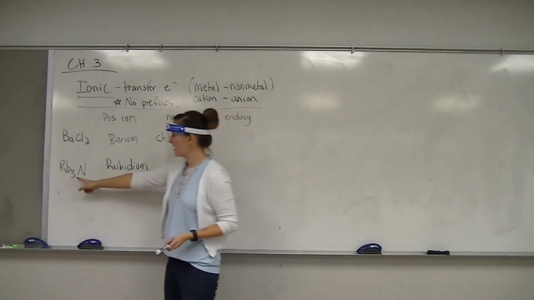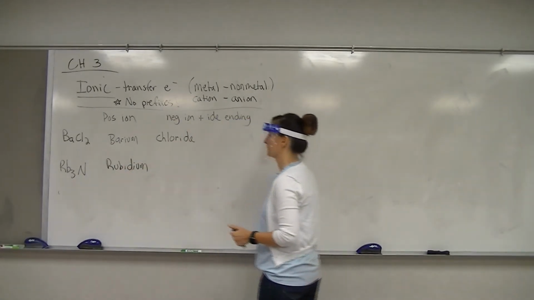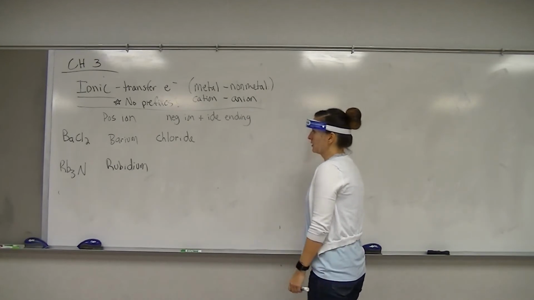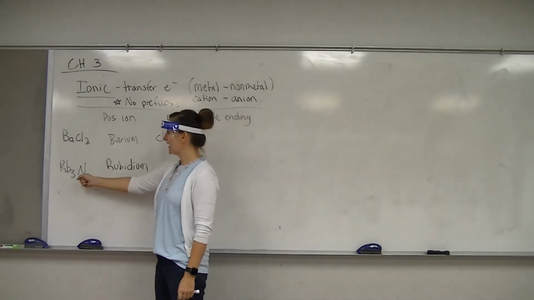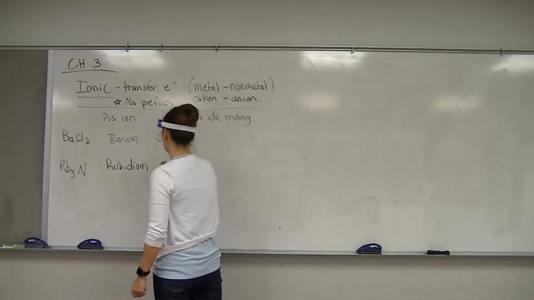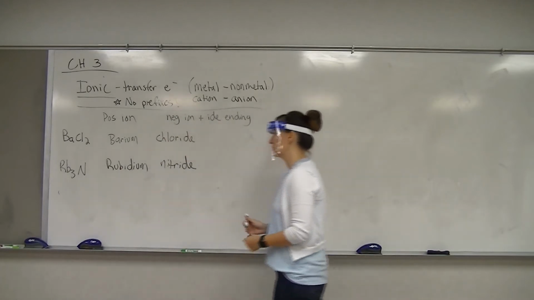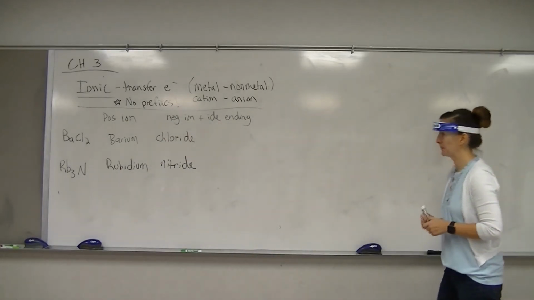Now, there are 3 of them, but we're not worried about prefixes, so it's still just rubidium. For the nonmetal portion, the negative ion, nitrogen, we just take that and add an IDE ending to it. So nitrogen would become nitride.